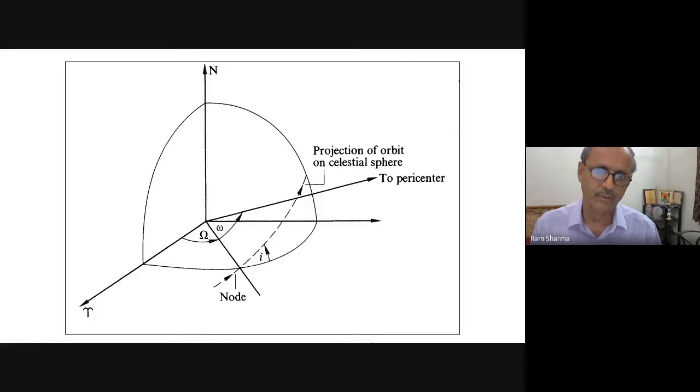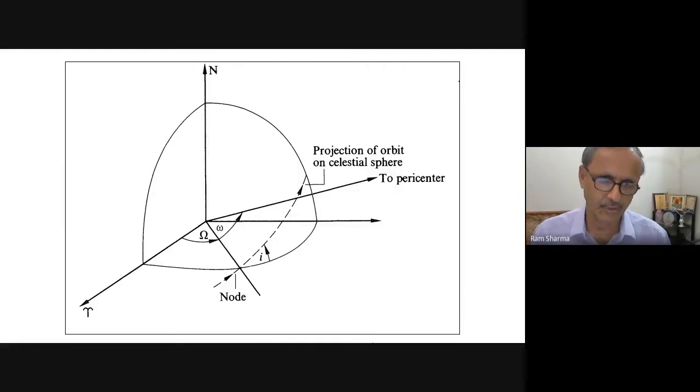This is called the ascending node. Capital omega is in the XY plane, and small omega is in the orbital plane.